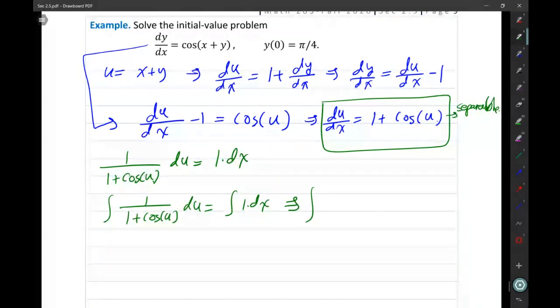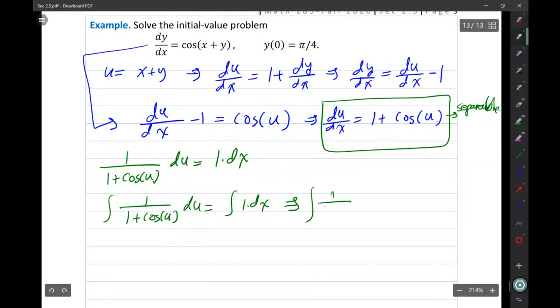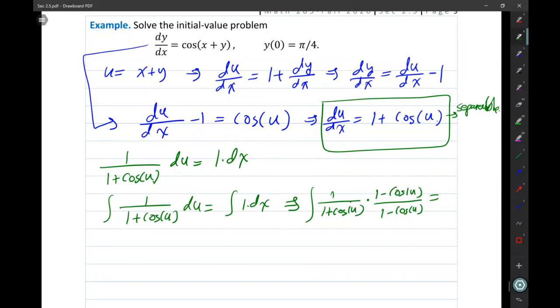You have to multiply by its conjugate, which is 1 by 1 plus cosine u times 1 minus cosine u over 1 minus cosine u, equal to the integral of 1 dx, which is x plus c.